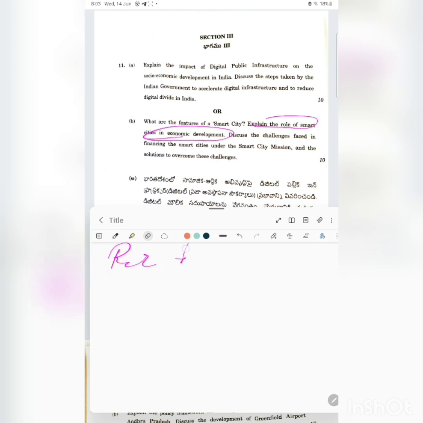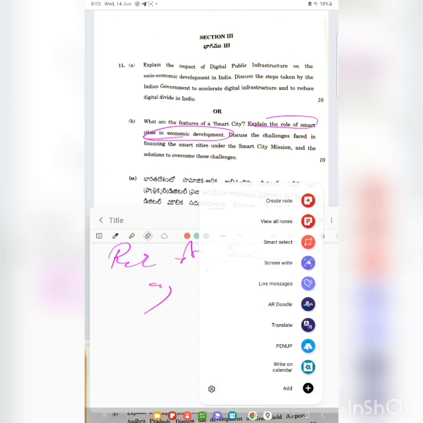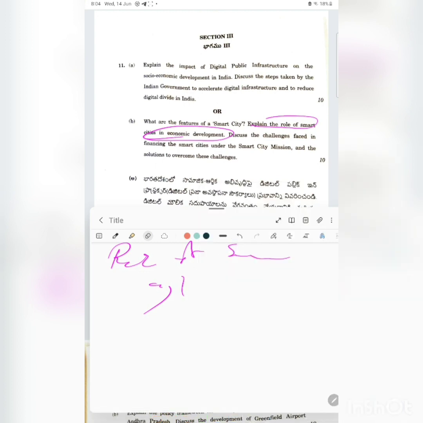Just put the heading role of smart cities in economic development, just points. One point might be, for example, you can speak about economic development.